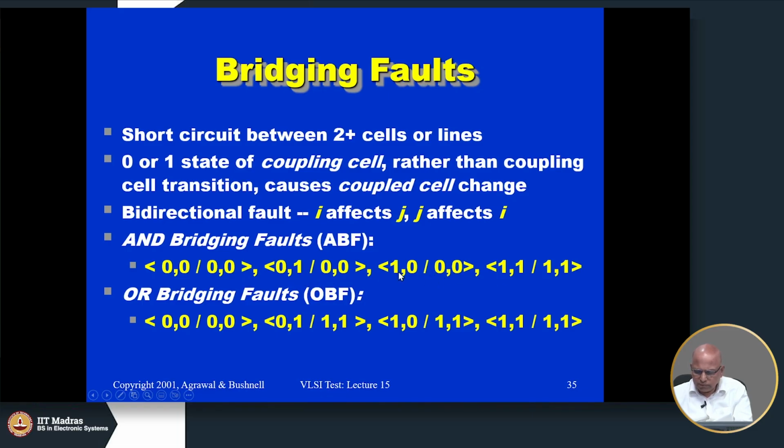Similarly, here if I store a 1 in I and 0 in J, I will end up storing 0 0. Whereas, here if I store 1 in both of them, I will store 1 1. So, here the OR, if I store both zeros, then there is no problem, but if I store 0 in one and the other one is 1, then both of them will end up storing a 1.